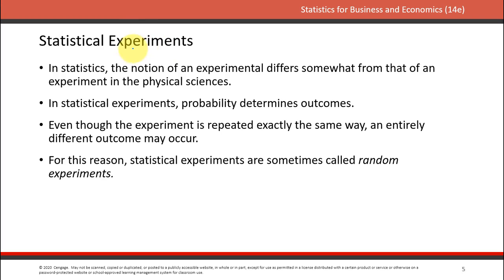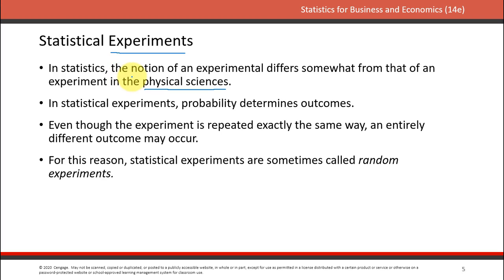Okay, now we want to talk about a word, and we're going to use this word experiment. It's going to be used in a slightly different way than we would normally use it in the physical sciences, like in chemistry, biology, or physics, where we do an experiment. But when we talk about statistics, the experiment has a slightly different meaning.